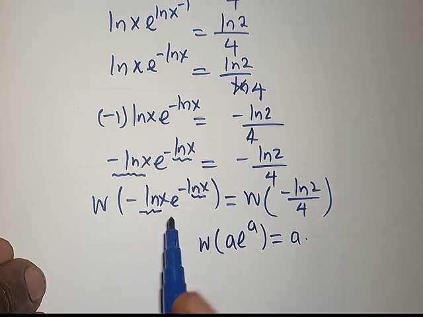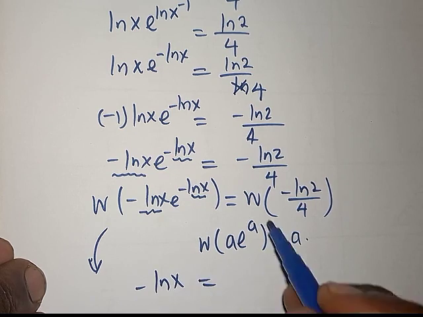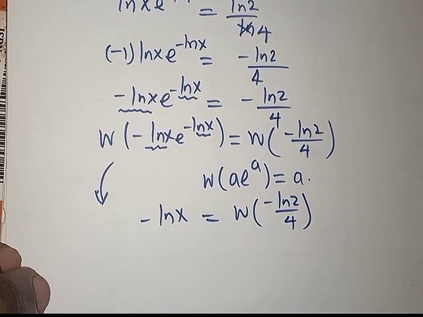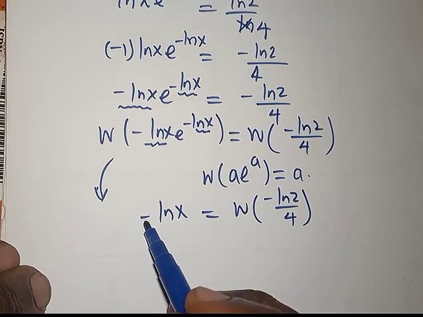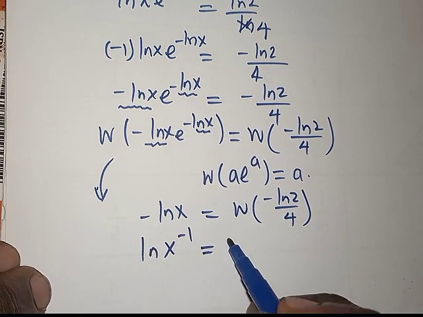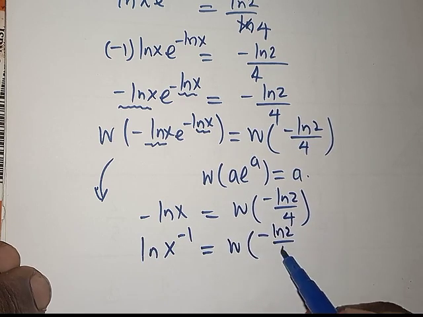So now this one here will give us minus ln x, equals W of minus ln 2 over 4. Then we can now replace this negative sign. We can rewrite it as ln x to the power minus 1 equals W of minus ln 2 over 4.